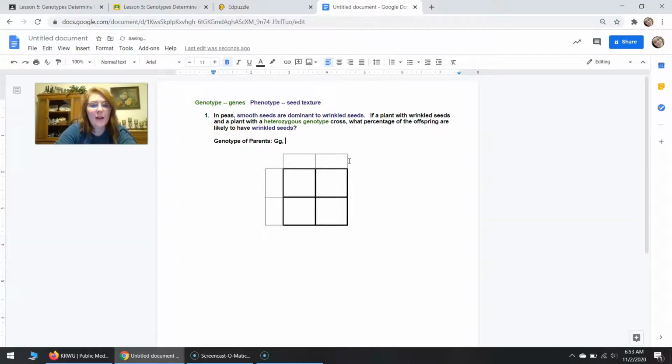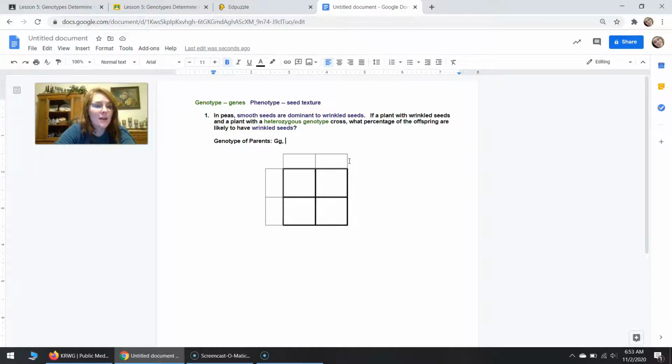The other parent, though, it doesn't tell me homozygous dominant or homozygous recessive or heterozygous. So I have to figure it out based on the phenotype. Now, normally, you can't figure it out based on the phenotype. For example, if you have brown eyes, we can't figure out if your genotype is homozygous dominant, which would mean you have two genes for brown eyes, or heterozygous, with a dominant and a recessive gene.